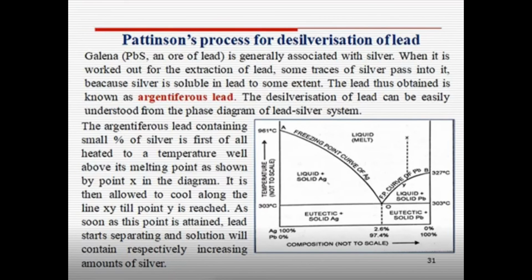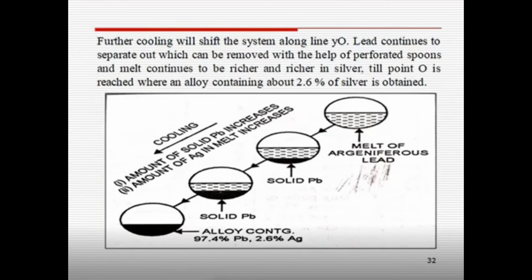As soon as lead starts separating, it can be removed with the help of perforated spoons. If we do not remove lead, then the mixture will continue to be richer and richer in silver, and at point O we will get an alloy containing 2.6% of silver and the rest lead.